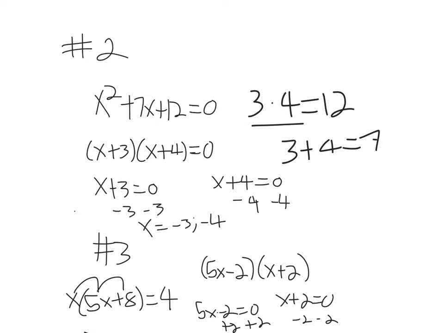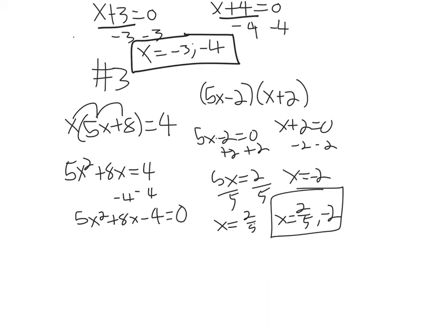So you would do x plus 3 times x plus 4 equals 0. So once you have that, you'd set them equal to 0 again, and then it'd be x plus 3 equals 0, then x plus 4 equals 0. So for x plus 3 equals 0, you get x equals negative 3, and for x plus 4 equals 0, you would get x equals negative 4, and those would be your two answers.